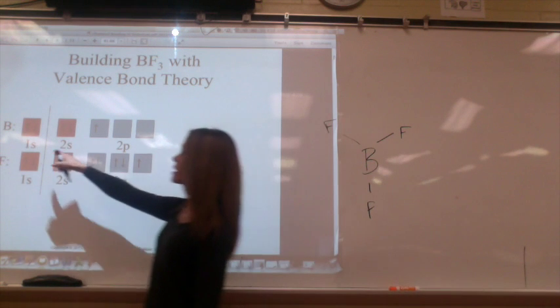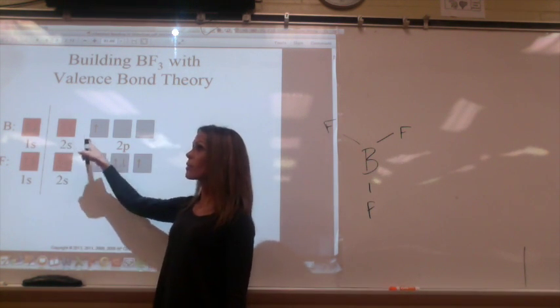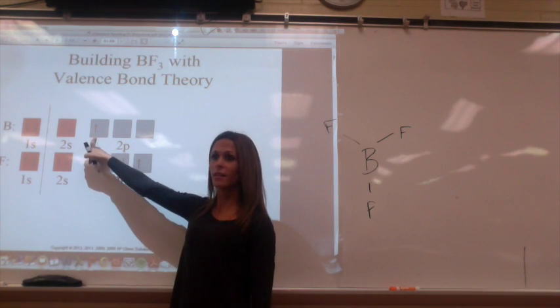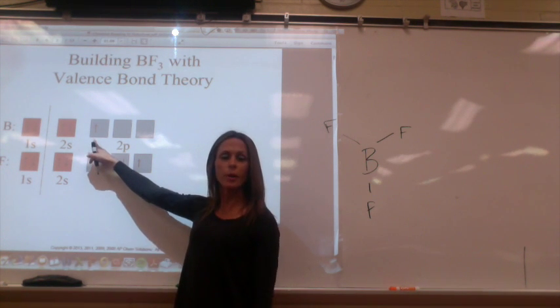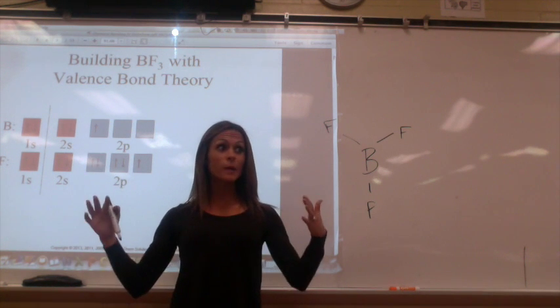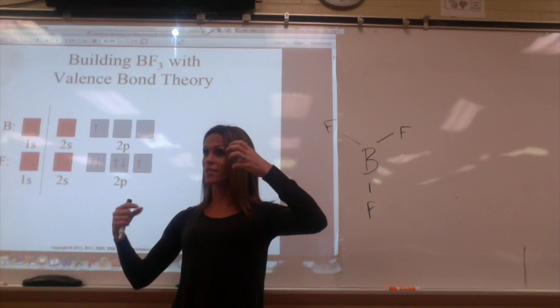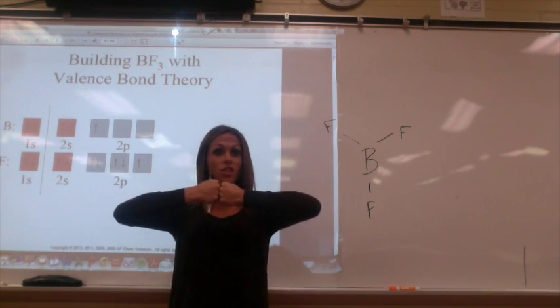So according to this, boron is 1s2, 2s2, and then we go to the p orbitals, and we end up with only 1 electron in that, right? Because that's the p orbital. So how many spots are there for bonding? One spot, because you just have to remember that the way things bond is that there's 1 electron that's going to share with another electron, right? So this electron comes, and this electron comes, and then they share.